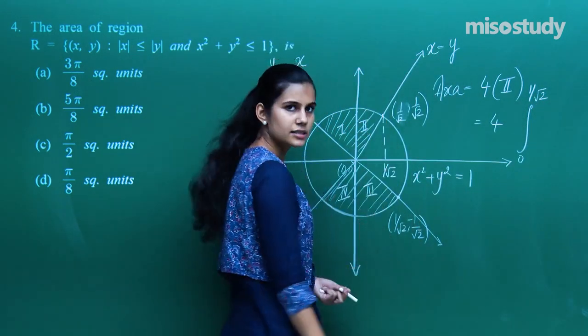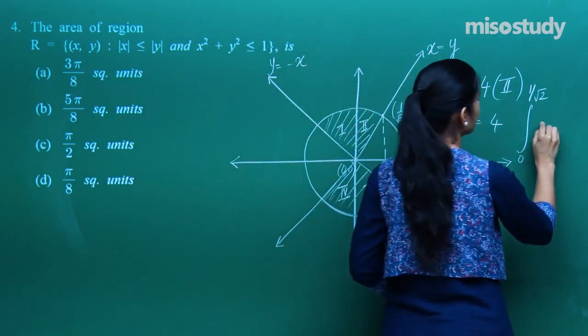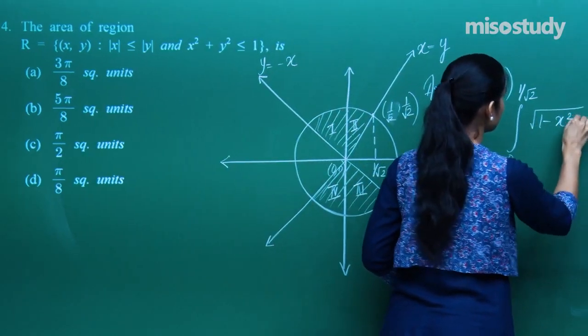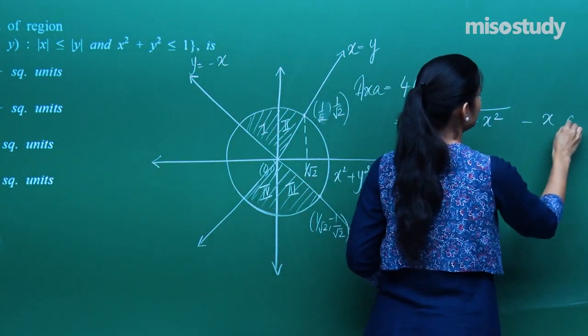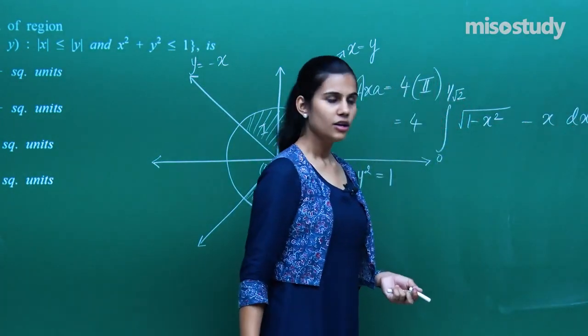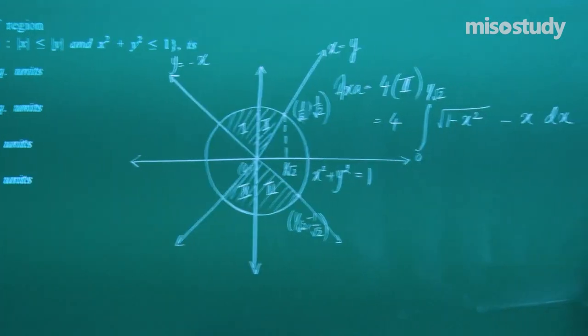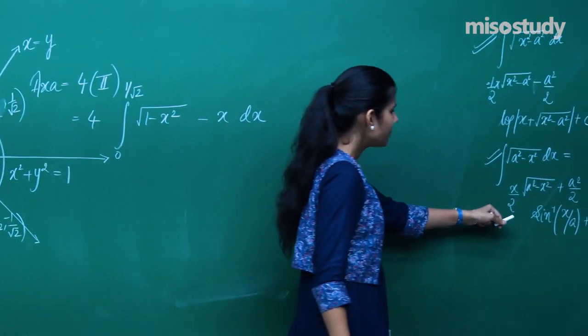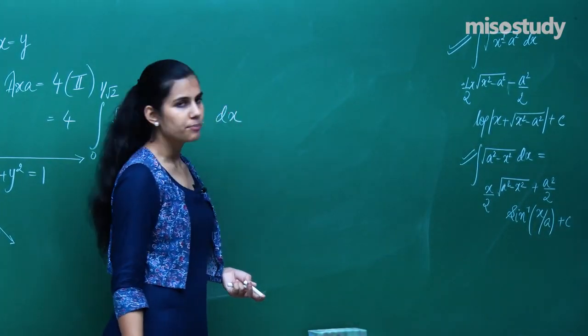This is 4 times integration from 0 to 1 by root 2 of this minus this. That means, what is this? Under root 1 minus x square, minus x dx. What is the integral of under root a square minus x square dx? It is x by 2 under root a square minus x square plus a square by 2 sin inverse x upon a plus c.